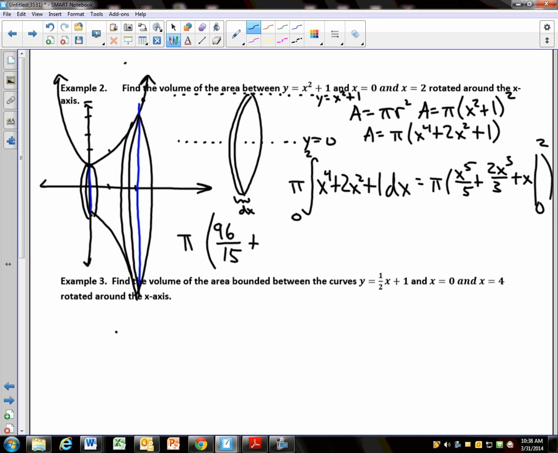Plus 2 to the 3rd times 2, 16 over 3, otherwise known as 80 over 15. Plus just 2, or 30 over 15. And then we subtract 0 off, which gives us whatever we have here. So 96 plus 80 is 176, plus 30 is 206.